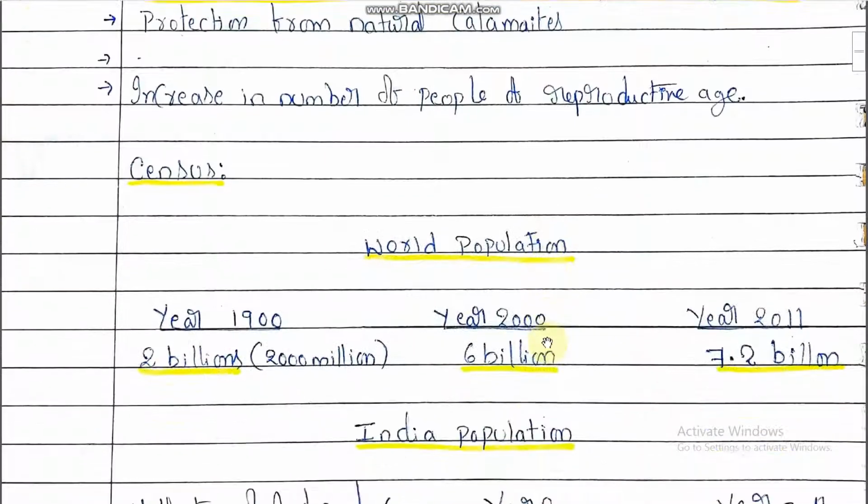Next one, census report. What is meant by census? Census means the counting of the people in one population, the head count.